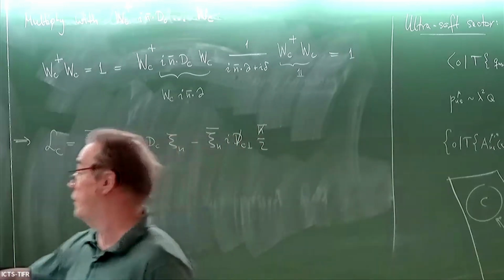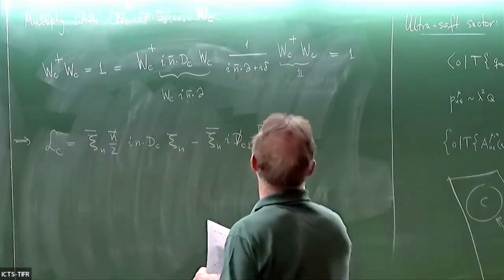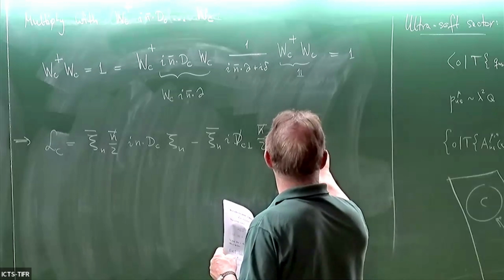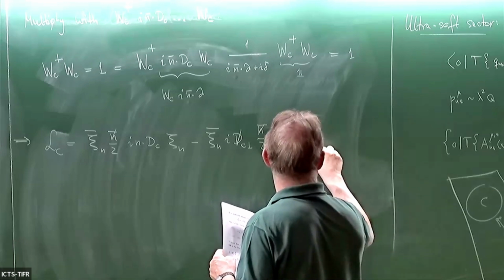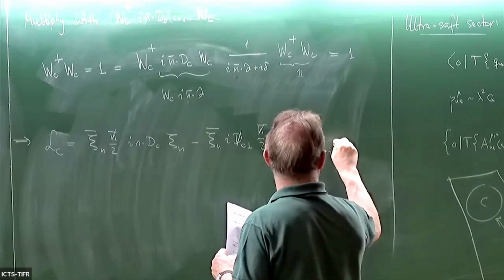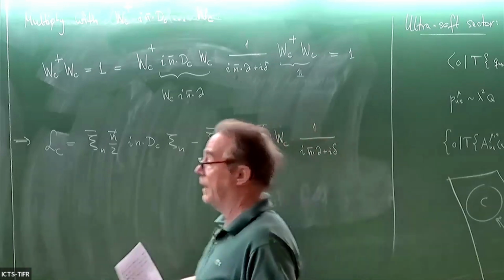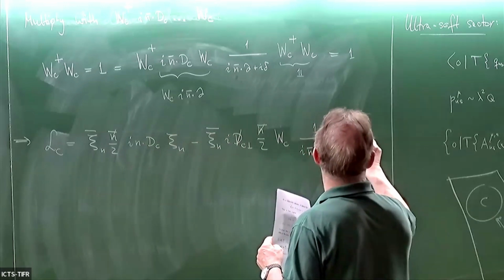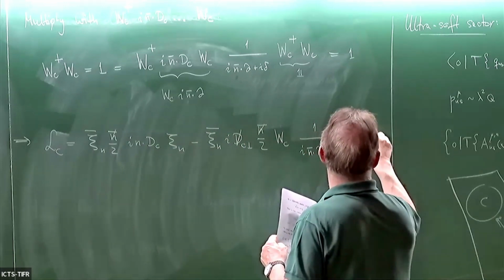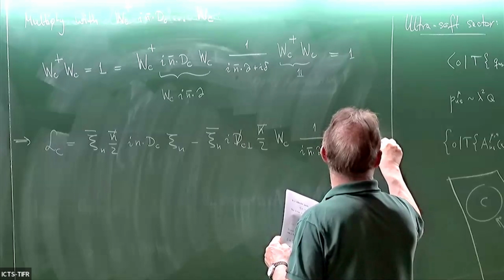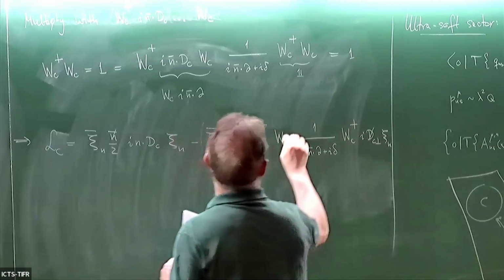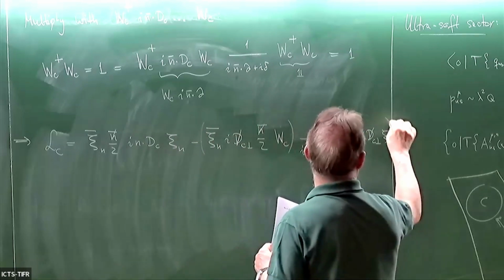And now I use this relation, so I get a W, a Wilson line. Now an ordinary inverse derivative. Another Wilson line. And then my transverse derivative perp and chi_n. Okay, so let me put parentheses around here.